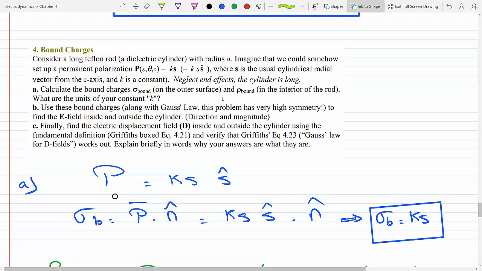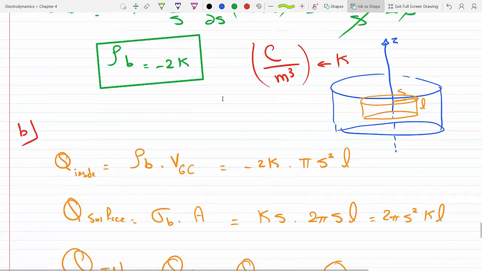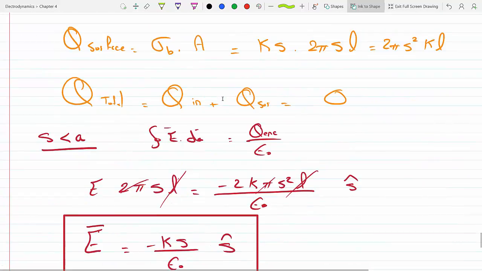Okay, moving on to part C. Finally, find the electric displacement D inside and outside the cylinder. Okay, so this is equation 21.